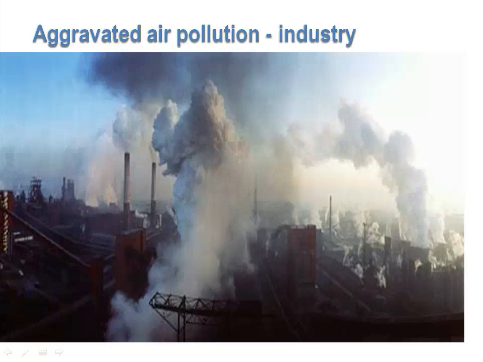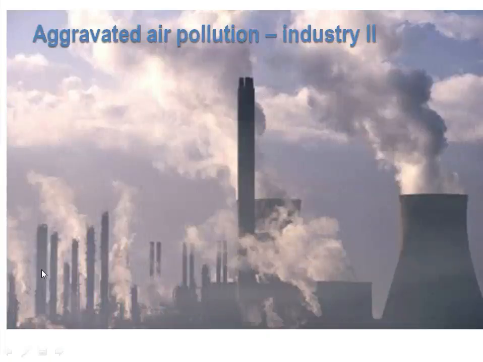In a single area you will find a lot of air pollution aggregated, and that happens in an MIDC area, or an industrial area, where many similar industries come together and release their effluents, poisonous gases and smoke into the environment, and that leads to disruption of the local climate. So here you can see how many chimneys are releasing smoke.